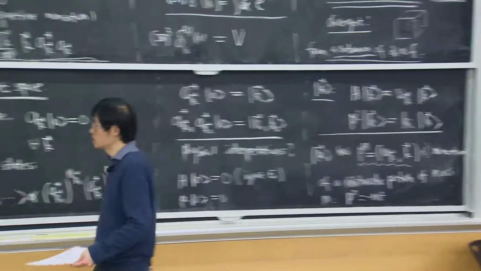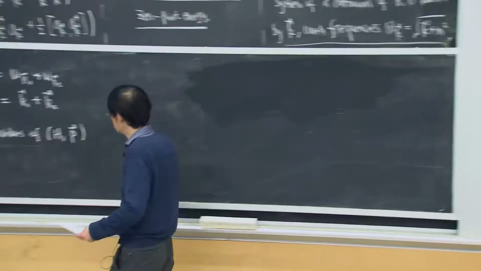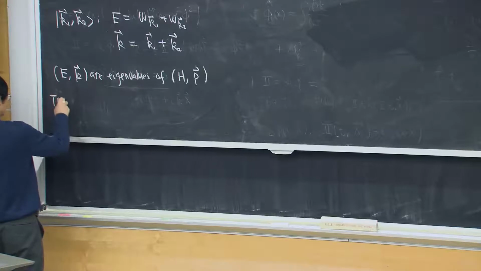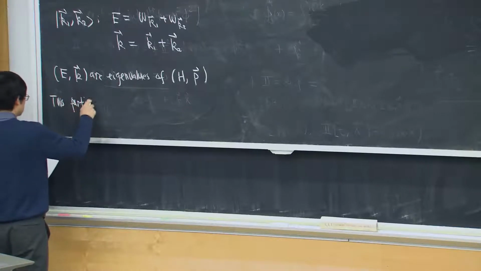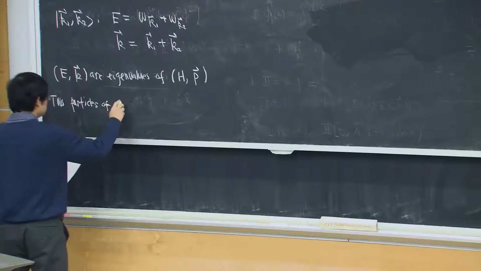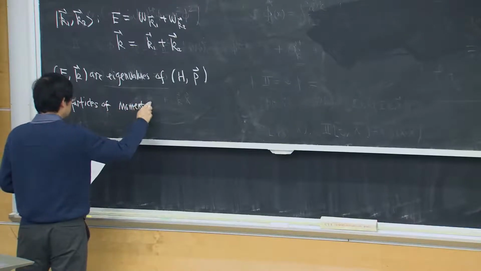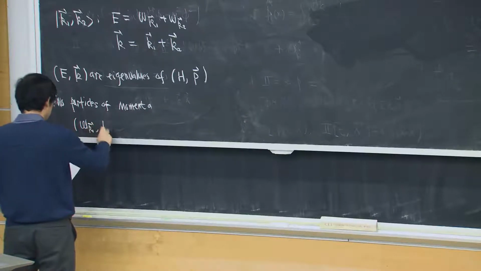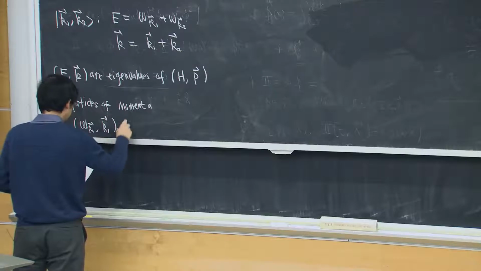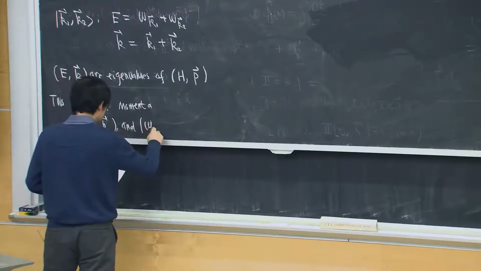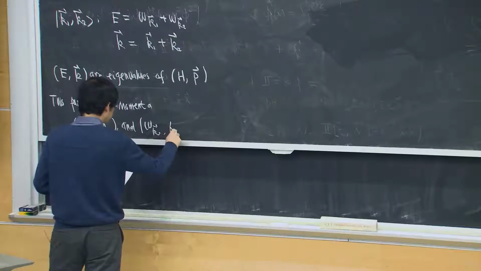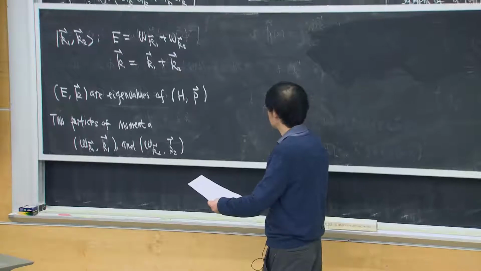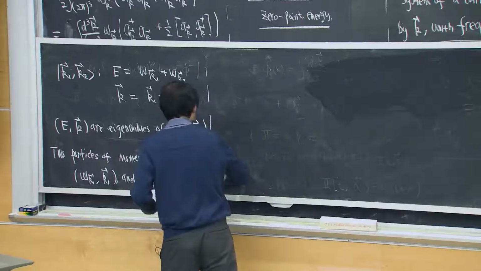So the most natural way to interpret this is just you have two particles of 4-momenta omega k1, and omega k2. And similarly, you can do this for any state like this.